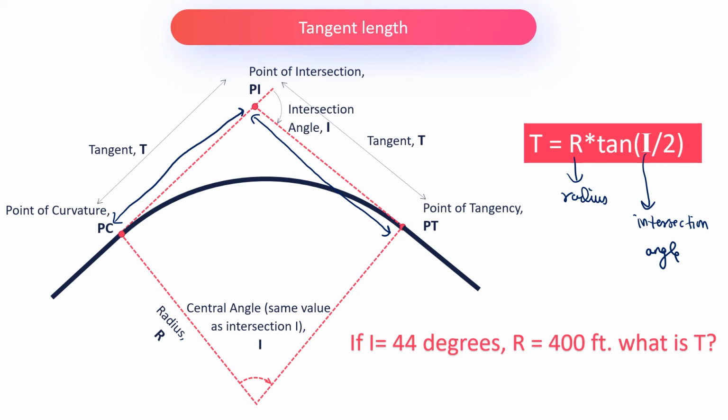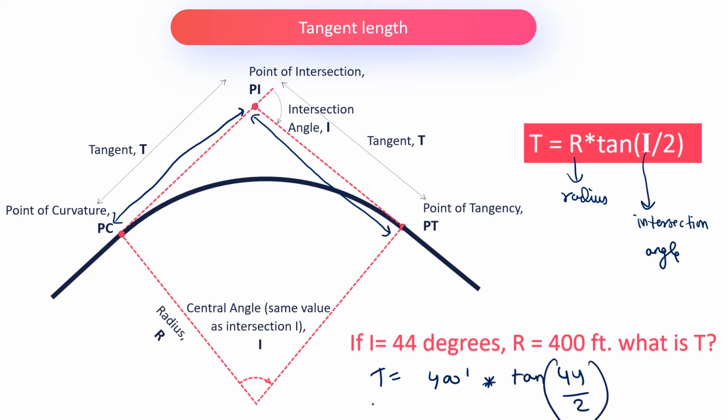So T equals 400 foot times tan 44 by 2. Then make sure your calculator is set to degrees, okay?